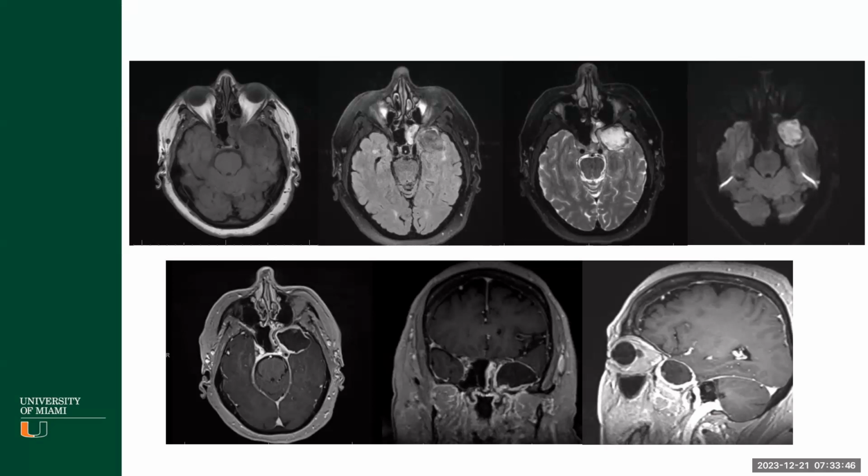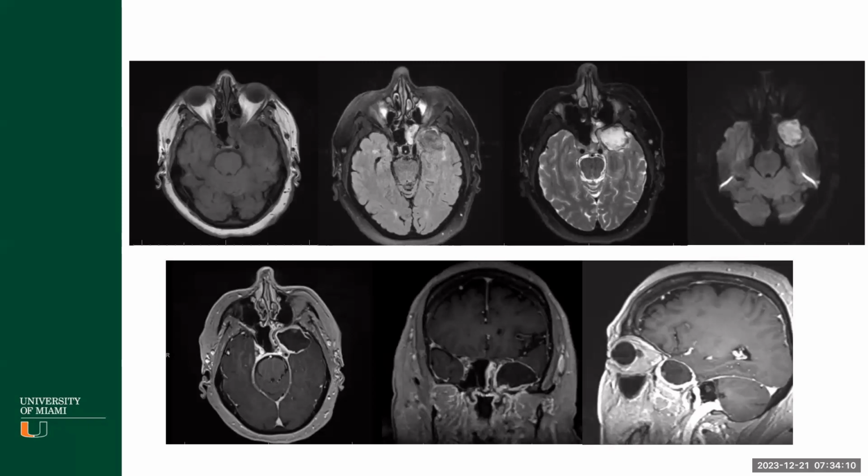Looking through my images, I do see a lesion in the left temporal lobe. It's hypointense on T1, hyperintense on T2, and on FLAIR as well I see a hyperintense lesion.